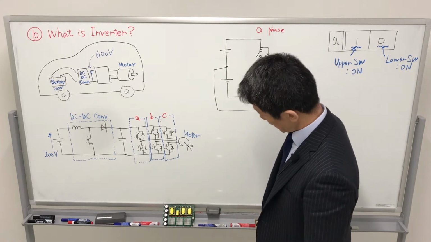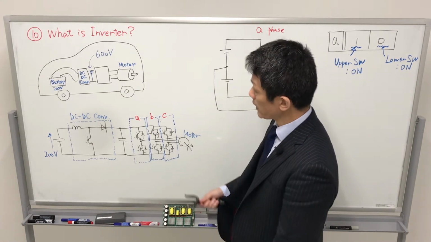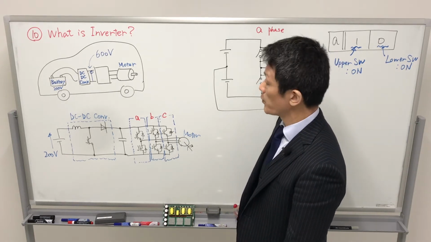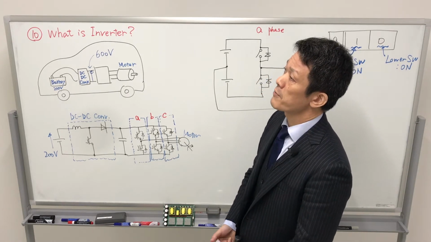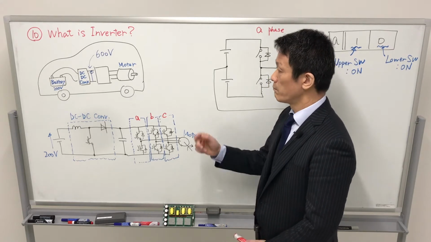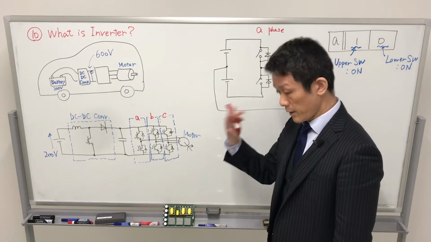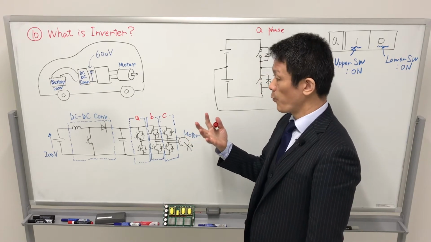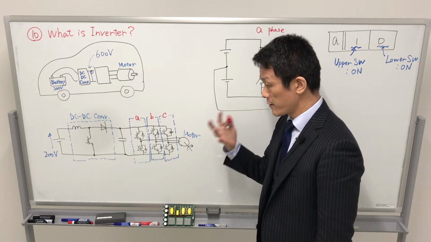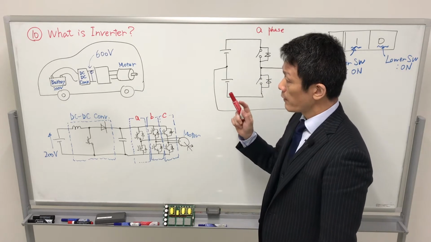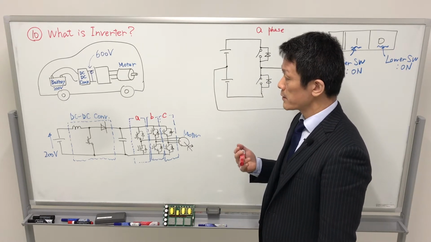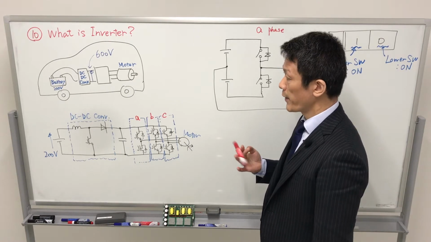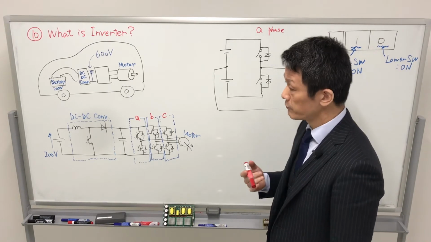However, for motor drive, usually the induction motor and the PM motor, brushless motor, that motor requires AC current. Later, I will discuss why we require the AC current, but the famous types of motor require AC current.